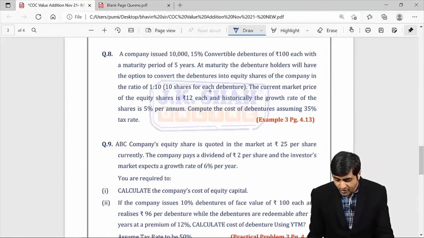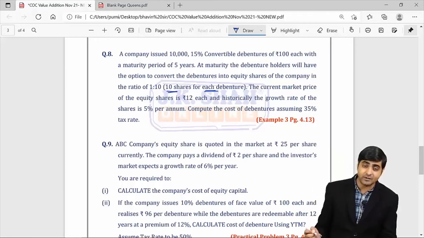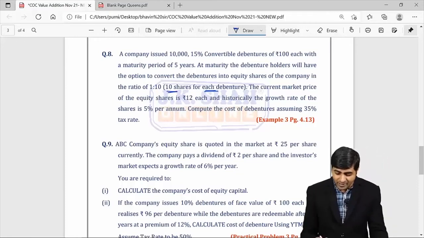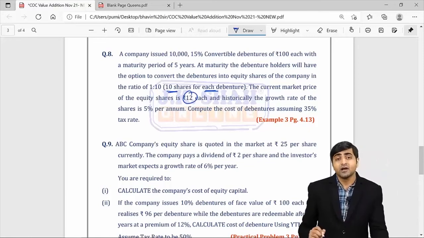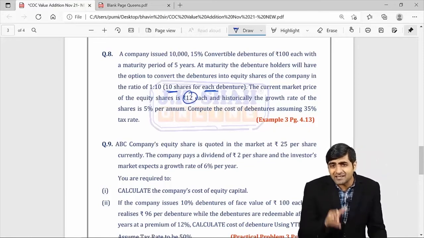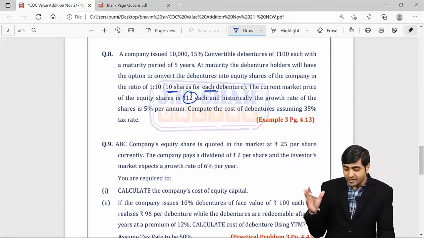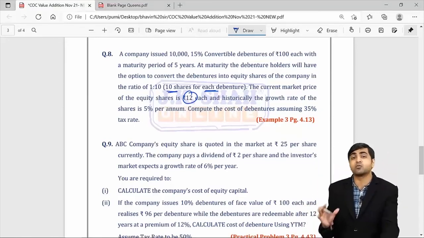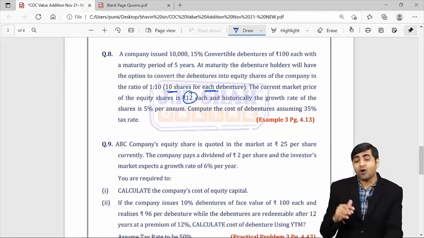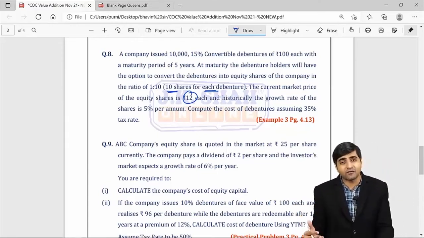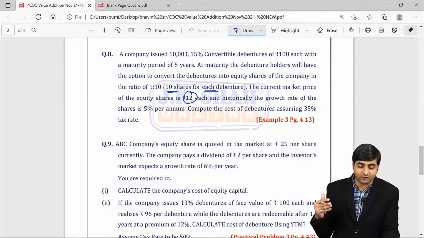So here they have told you that for every debenture 10 shares will be issued and the current market price is given to you as 12 rupees. Now the conversion is not going to take place right now. The conversion will take place at the end of the 5th year. So that is why it is important that we should first estimate what should be the market price of the equity share at the end of the 5th year, because that will help you to calculate your conversion value.